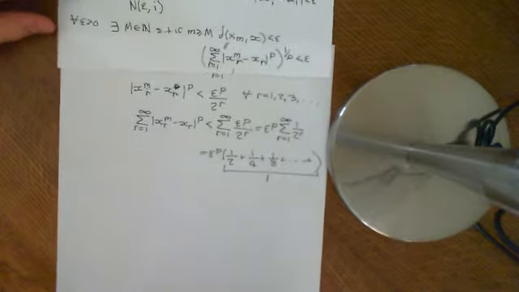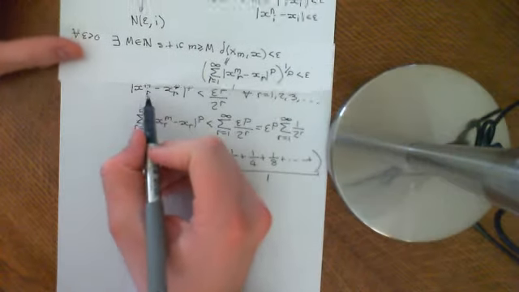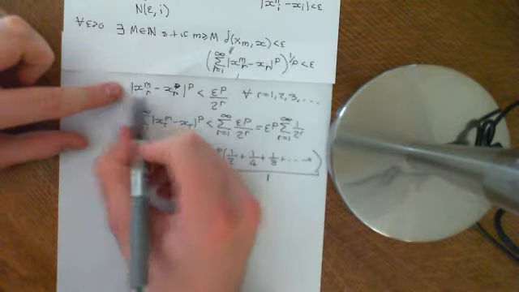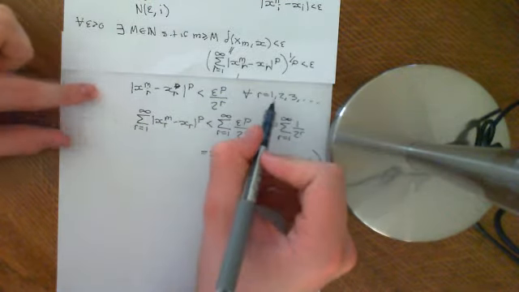Okay, so what we need is to find some big M for which this is true for all r an element of the natural numbers.